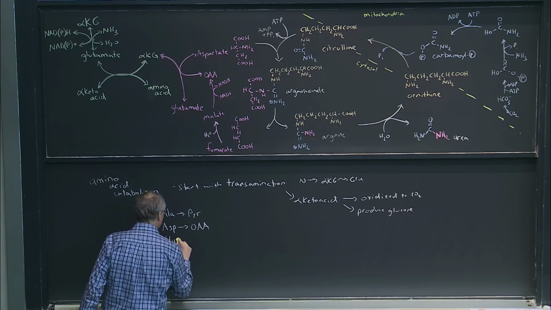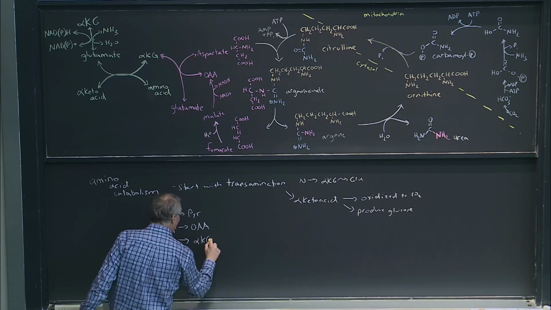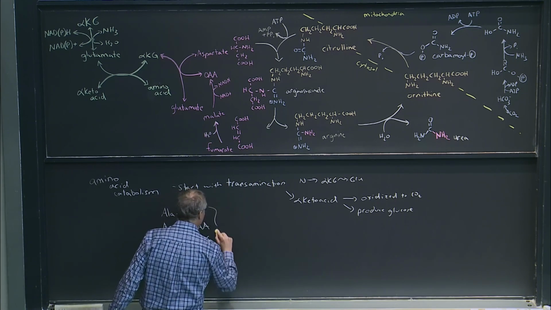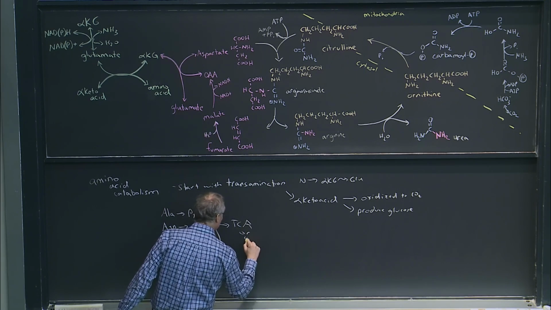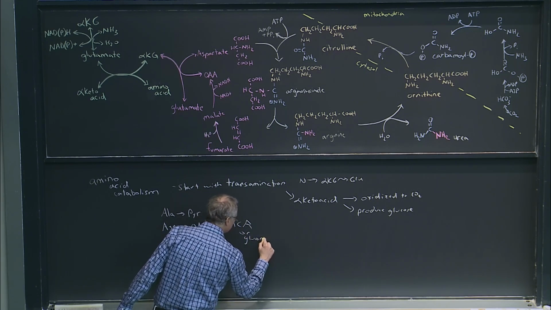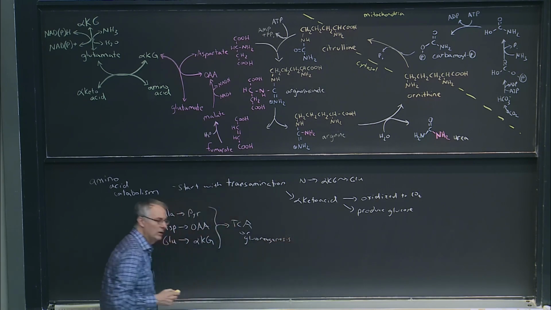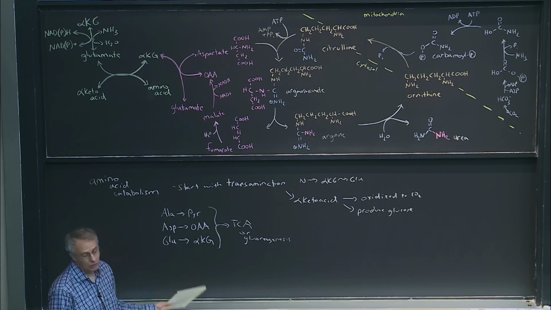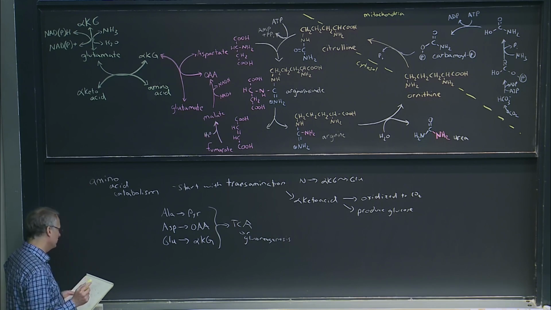Glutamate undergoes transamination. The alpha keto acid is alpha ketoglutarate. It's very clear how all of these can end up in the TCA cycle or gluconeogenesis for the cell to either oxidize for energy or to produce something like glucose that can be used elsewhere.